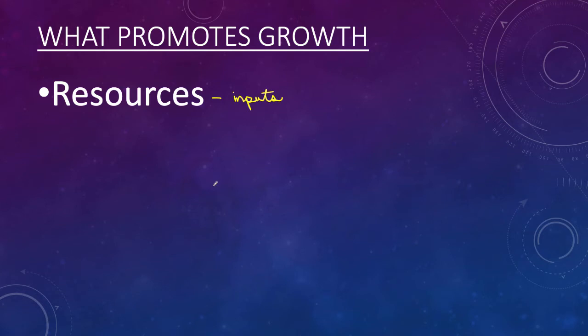These are our inputs into production. And those are really, really important. They include things like the natural resources. So we see that countries that have lots of natural resources tend to grow faster than other countries. They certainly have the ability to do that. But those aren't the only kinds of resources that are important.